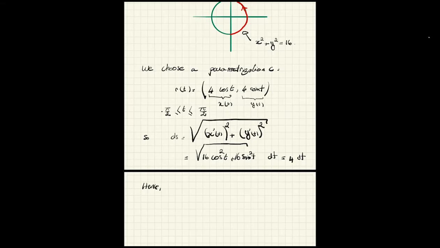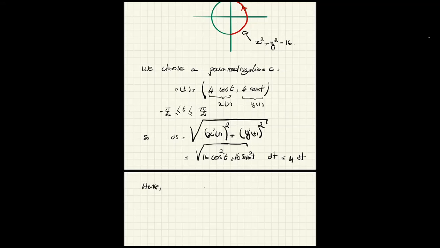Minus, no, it's minus here. Minus pi over 2 and pi over 2. Okay? And now you integrate this.